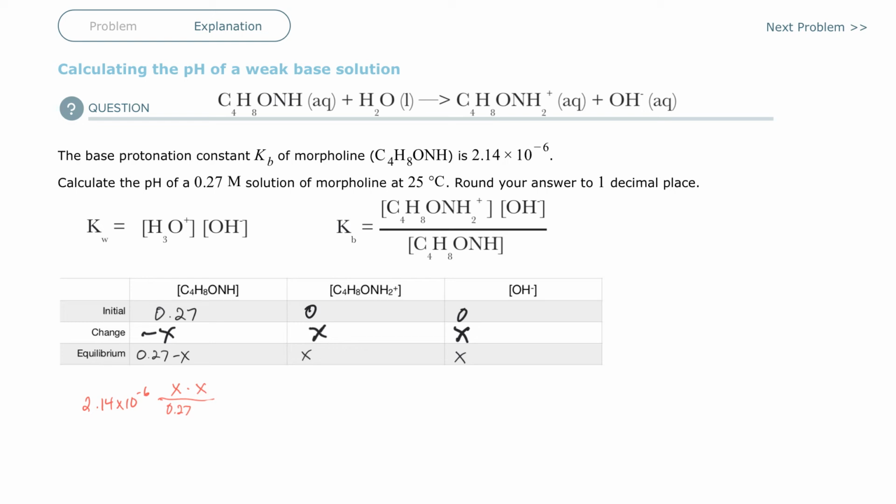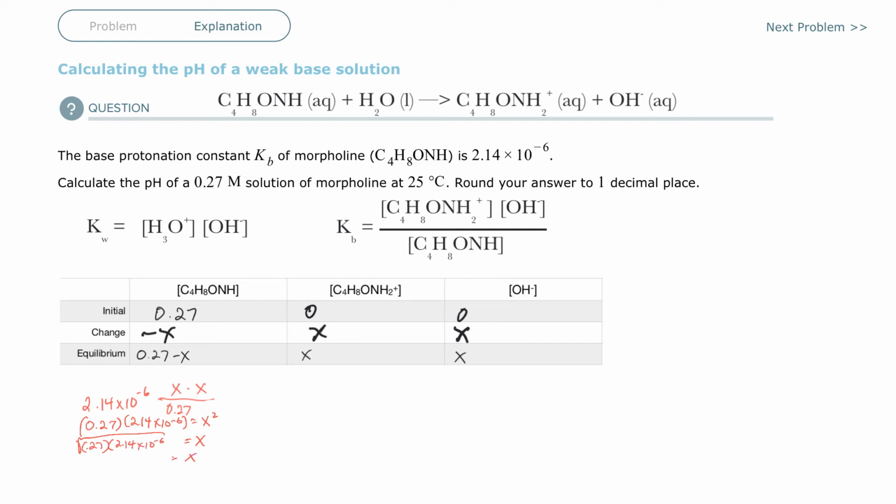And by doing that, I now can take the 0.27, bring it to the top, and I have 0.27 times 2.14 times 10 to the minus 6 equals X squared. X is going to be equal to the square root of 0.27 times 2.14 times 10 to the negative 6.